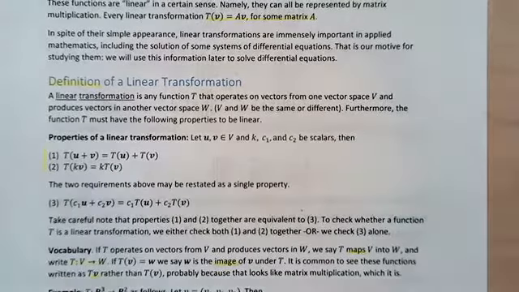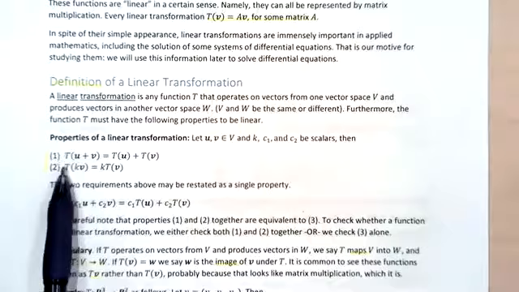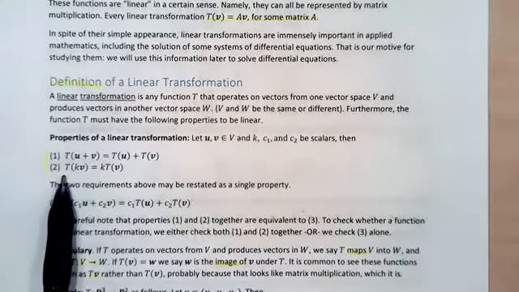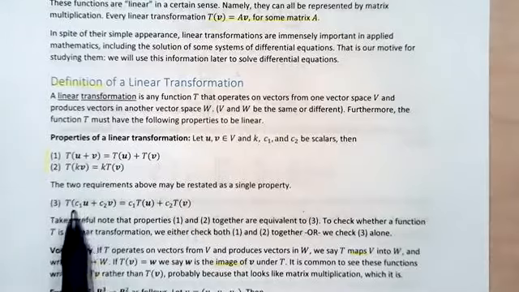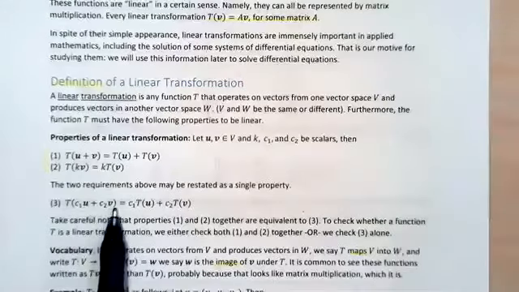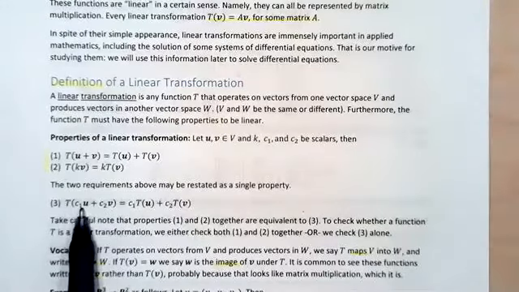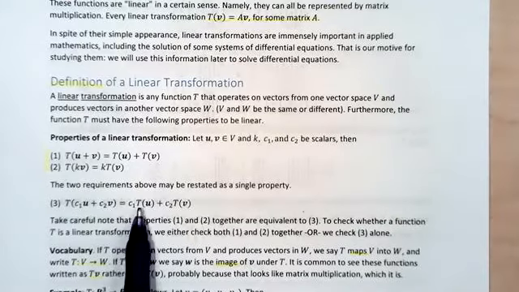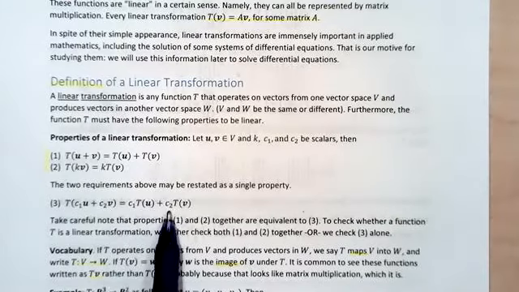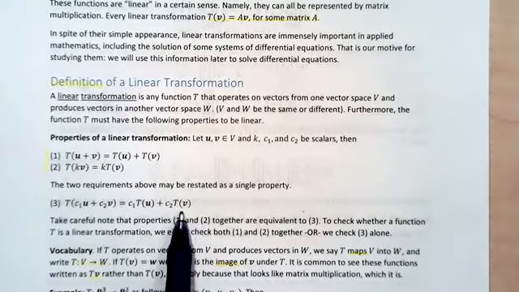Now, you can write these two requirements with a single requirement that wraps it all up. So this is an alternate version of 1 and 2. Given two scalars, c1 and c2, and two vectors u and v, the transformation of c1u plus c2v is the same as c1 times the transformation of u plus c2 times the transformation of v.